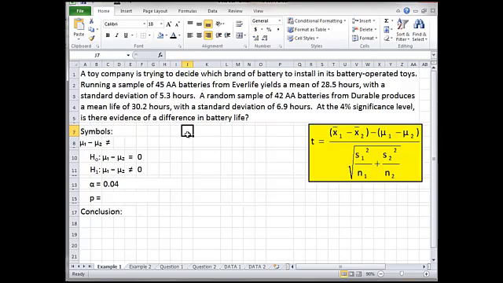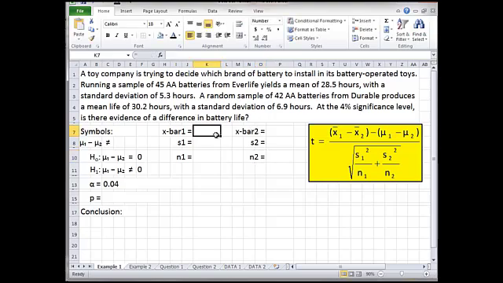So for sample 1, we need X bar, we need S, and we need N. And we need the exact same things for sample 2, X bar 2, S2, and N2.